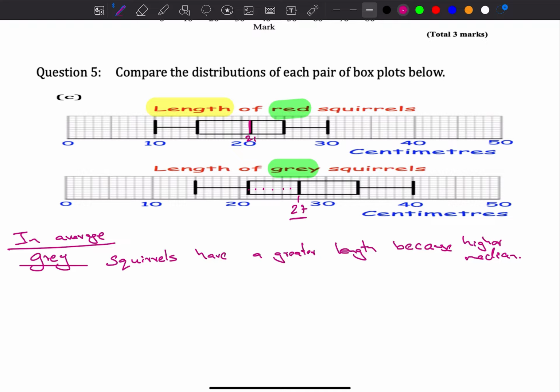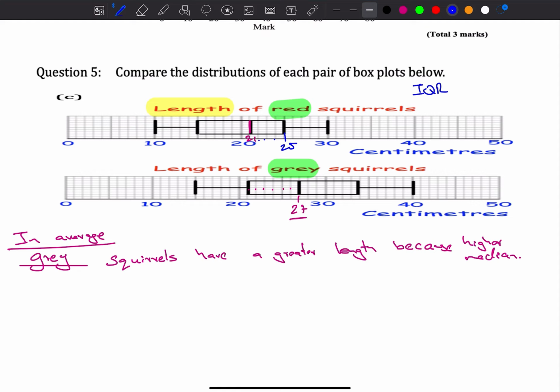The other one you could say is who has a more consistent length. Okay, so you can work out the interquartile range. What's this? 21, 2, 3, 4, 5.